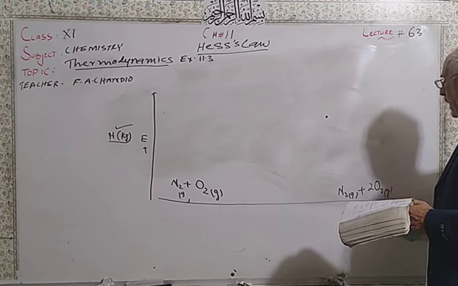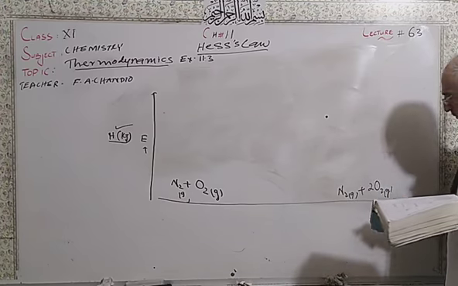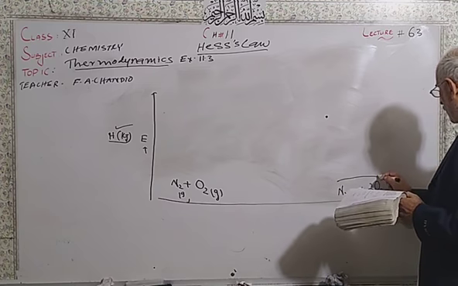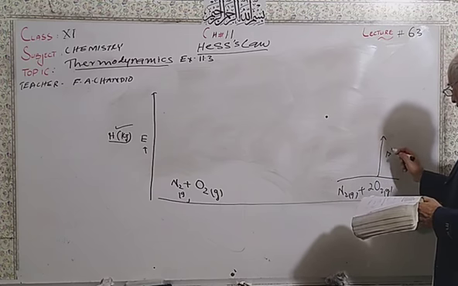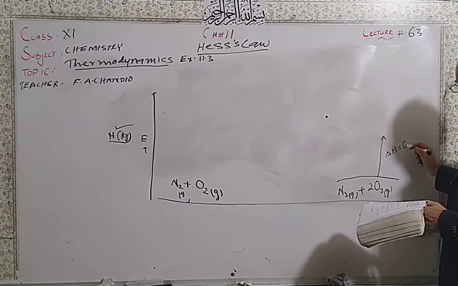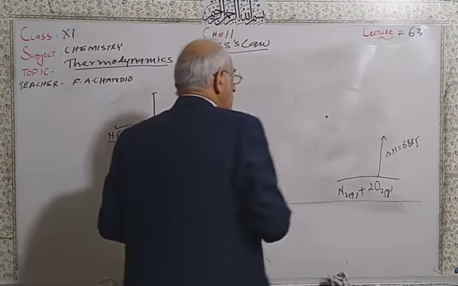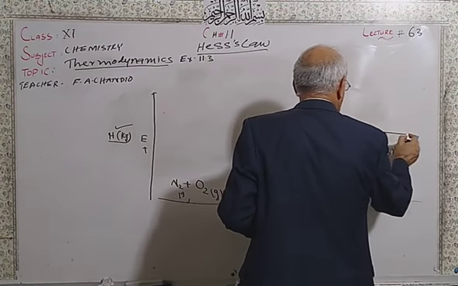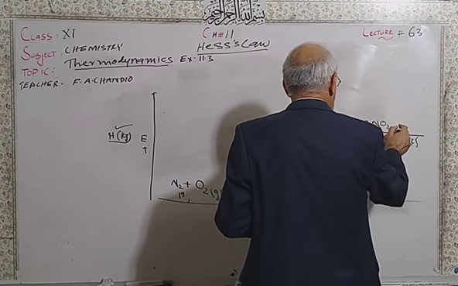This is the first step where you will get the product, delta H. So energy is going to increase. Delta H, energy is going to increase, endothermic reaction, 68 kilojoules, and you will get the product, 2 moles of nitrogen oxide gas.